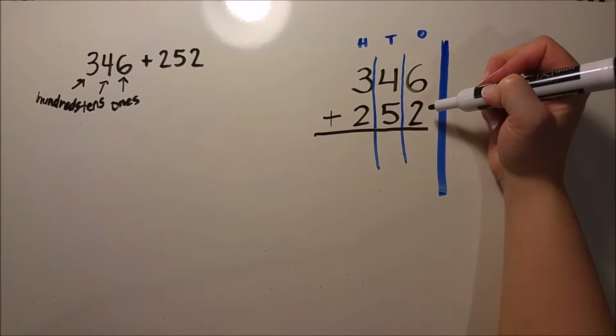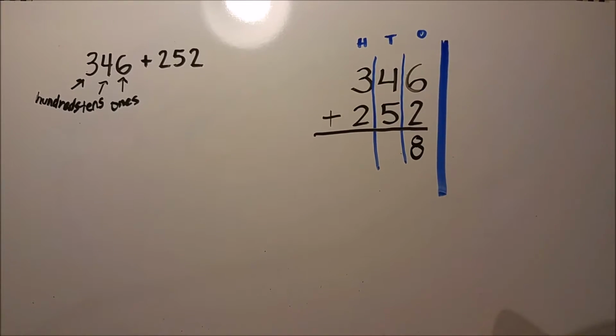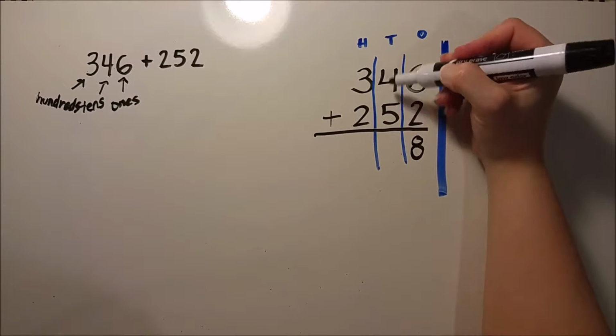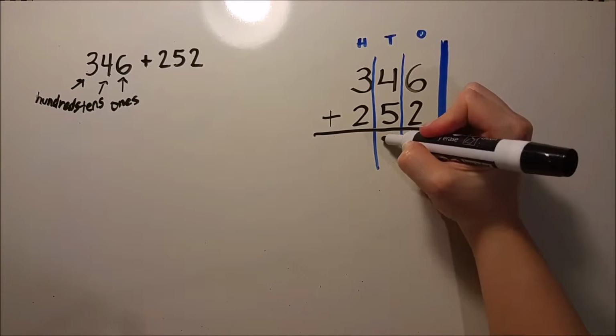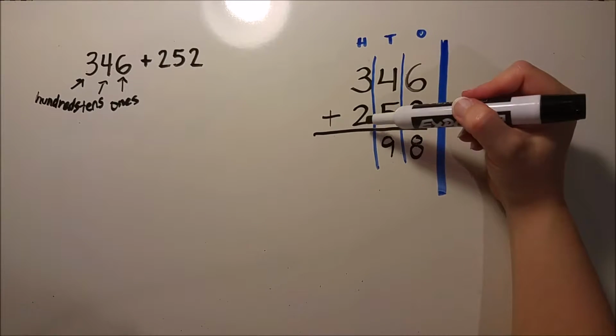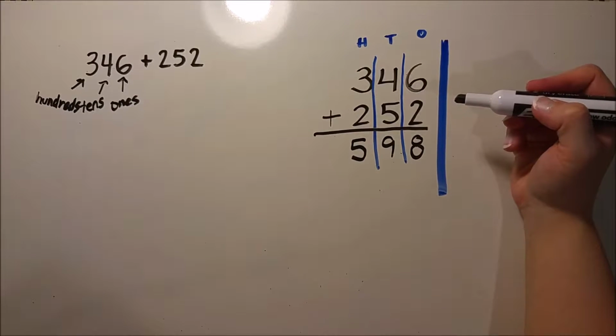6 ones plus 2 ones gives us 8 ones. 4 tens plus 5 tens, we have 9 tens all together. 3 hundreds plus 2 hundreds, that gives us 5 hundreds all together.